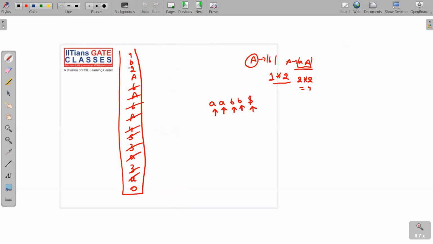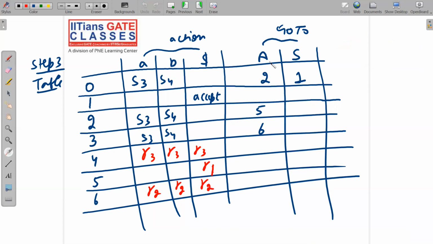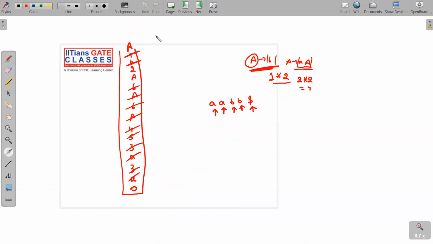R3 means what? Yes, this was R3. So 2 symbols will be popped off. The LHS will be pushed onto the stack. Now I will say 2 on capital A, state number 5.